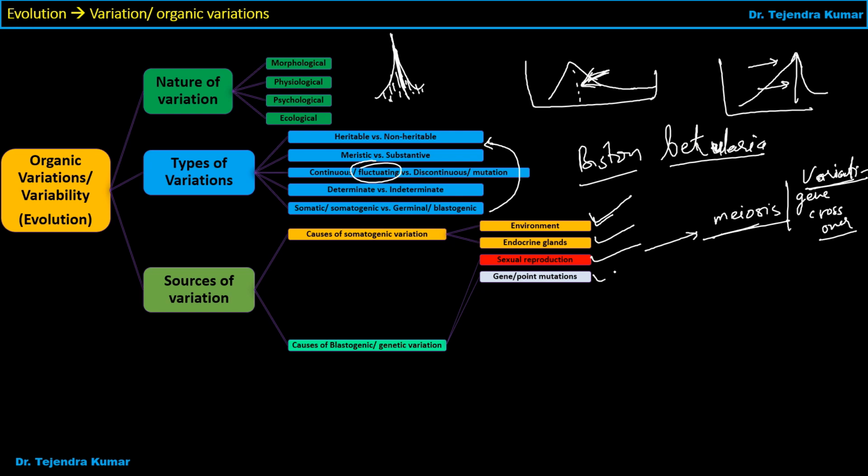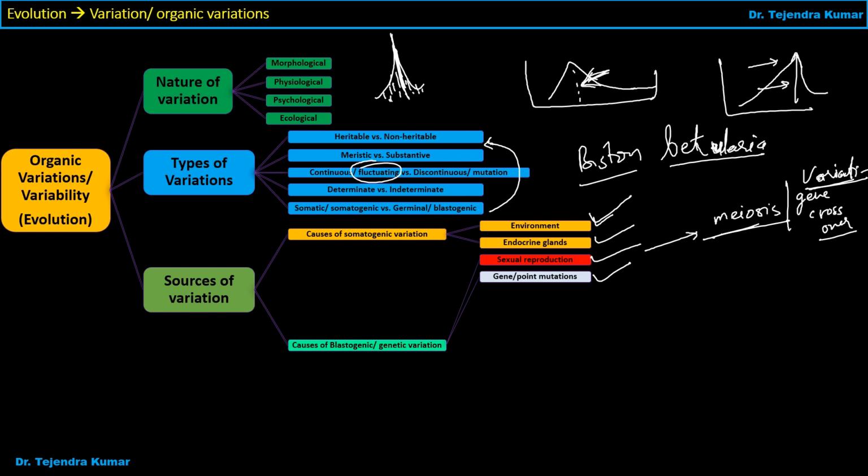Next is the gene or point mutation. There are some mutations which are called point mutation or gene mutation. These are very small mutations, because differences can be seen from one gene to another gene.